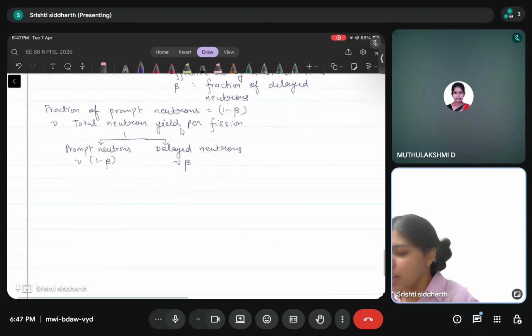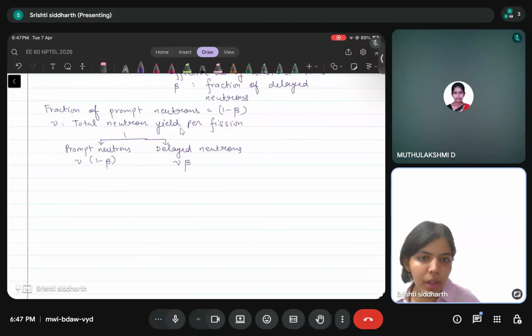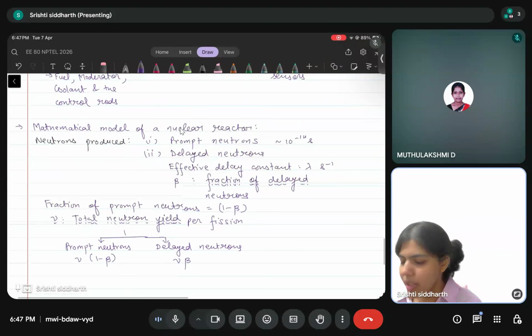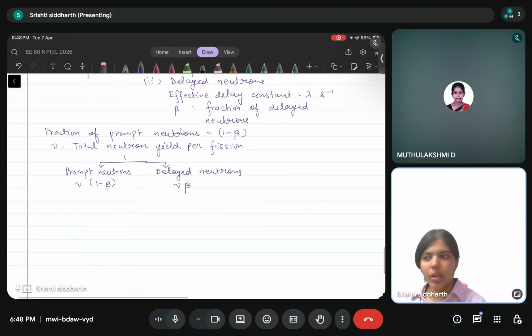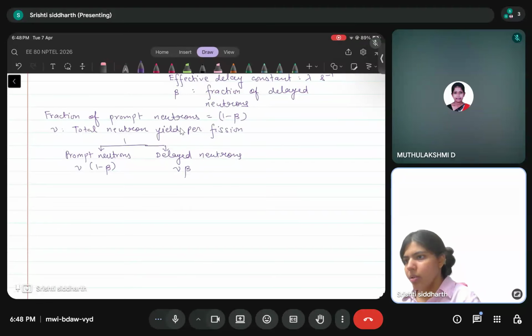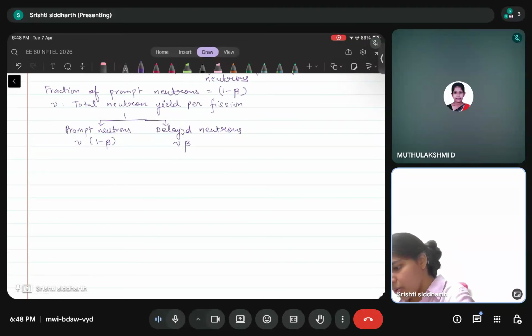All right, and I think there are a lot of notations which have been discussed. So please take note of all the variables in the description of the mathematical model of the nuclear reactor. I'll note down the ones which we are going to use to solve the numerical examples. Phi is the neutron flux in the reactor core.